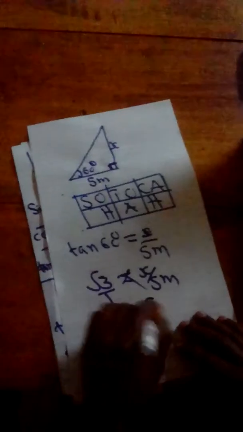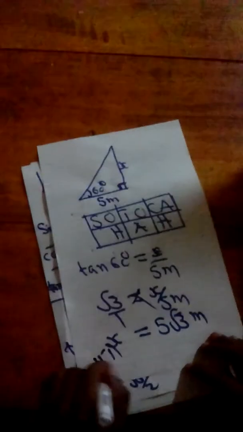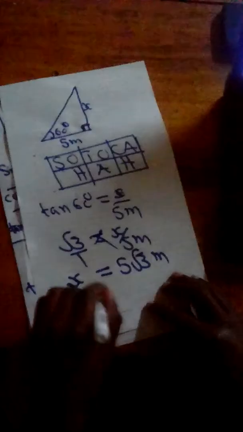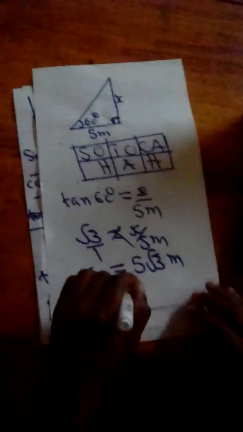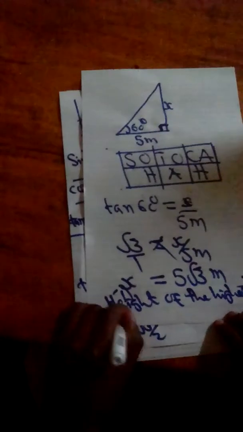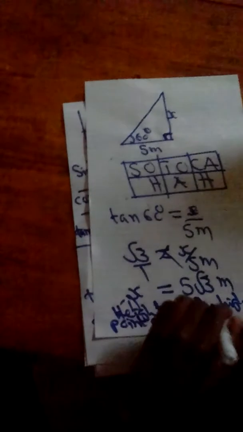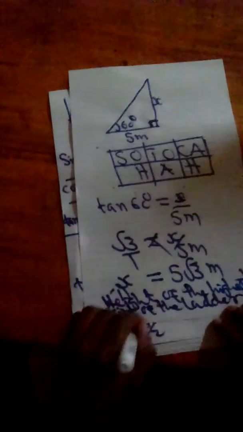You will have x times 1, and this is 5 times square root of 3 meters. This is the height of the highest point of the ladder above the ground.